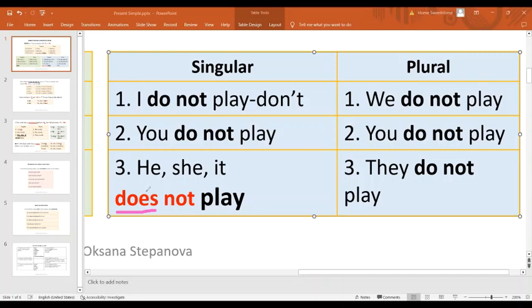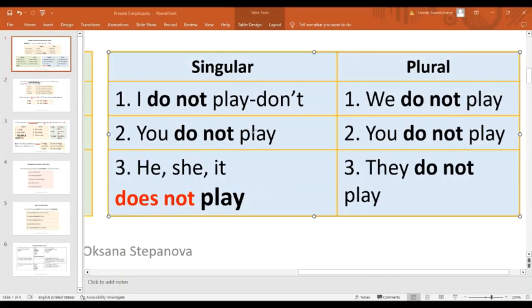Only once we changed the verb. There is no s here. We don't add a second s to play. And we say he does not play. We don't say he does not plays. She does not plays. Incorrect. We say he does not play. She does not play. It, a puppy for example, it does not play.